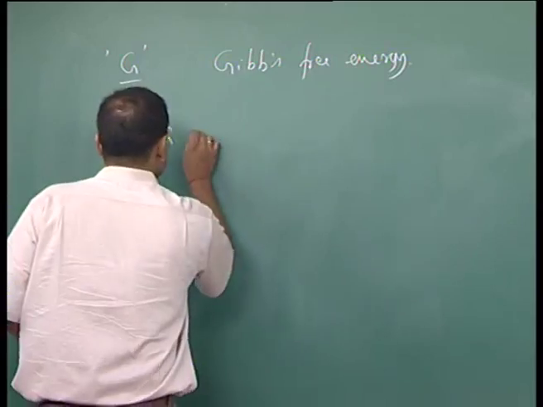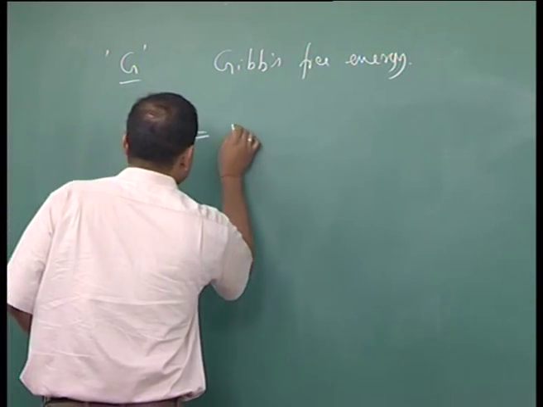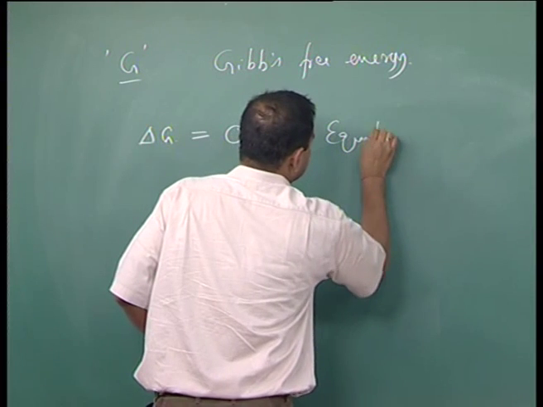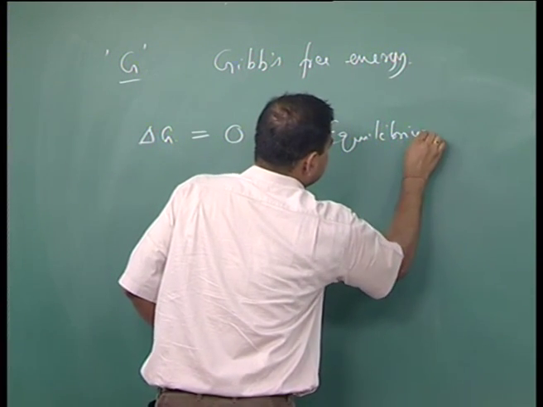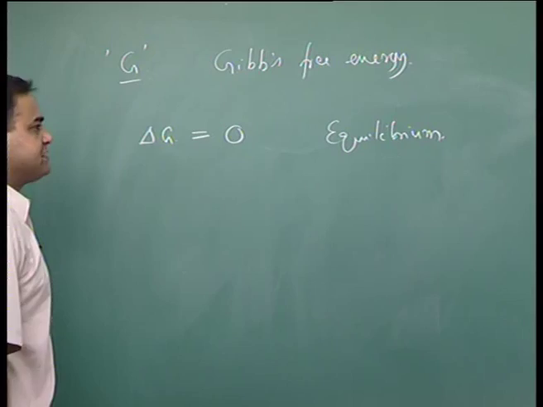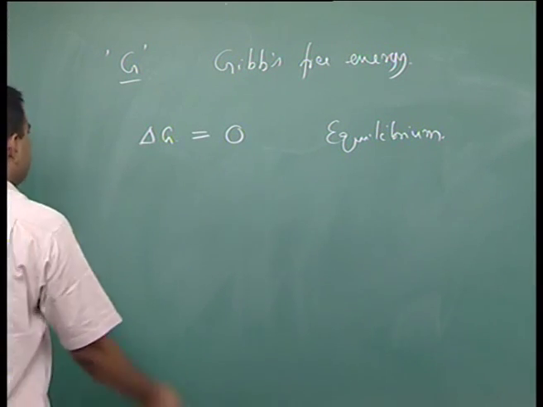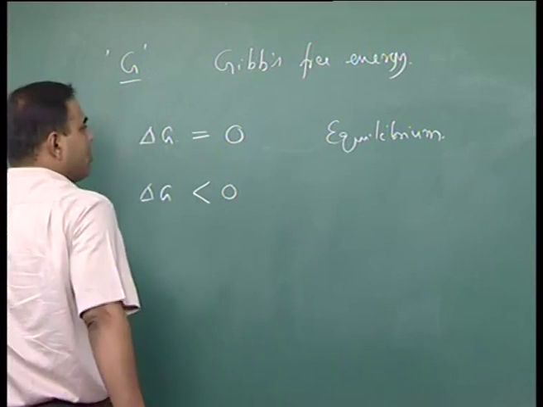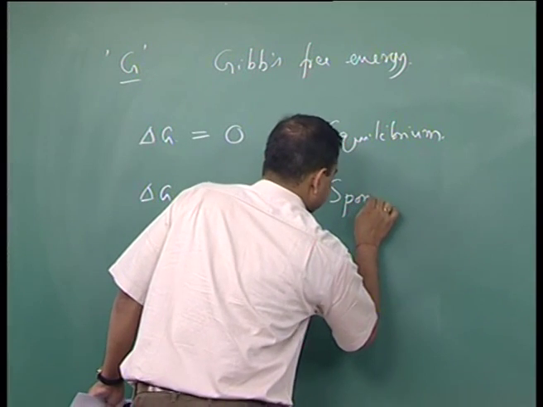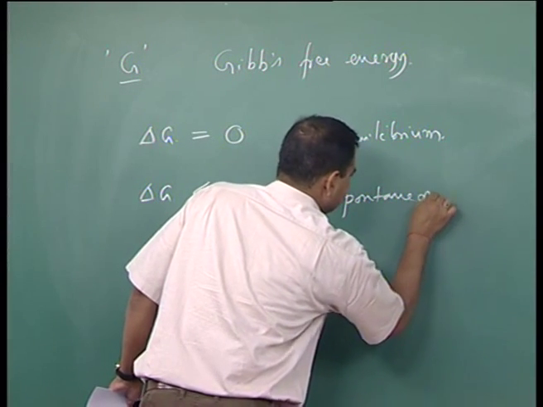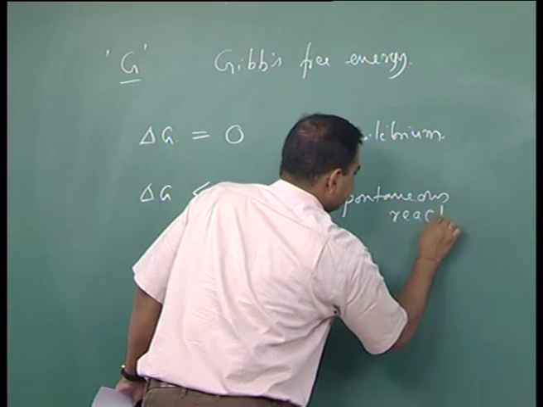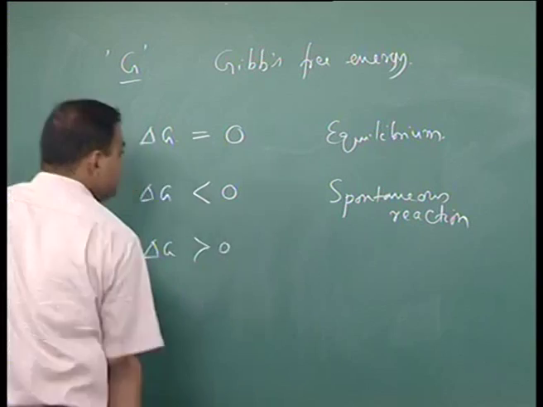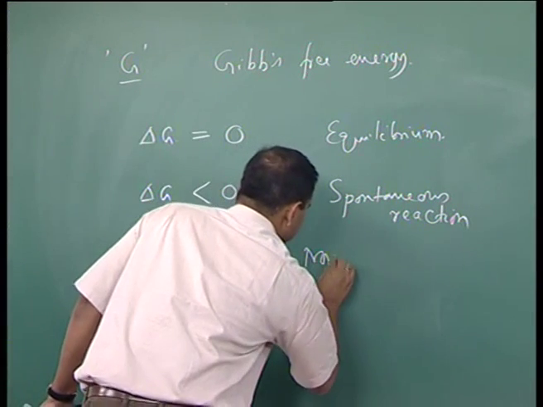Now, when this free energy goes to 0, we call it equilibrium. The system has reached equilibrium. If this free energy is less than 0, we call it a spontaneous reaction. If it is greater than 0, then it is a non-spontaneous reaction.